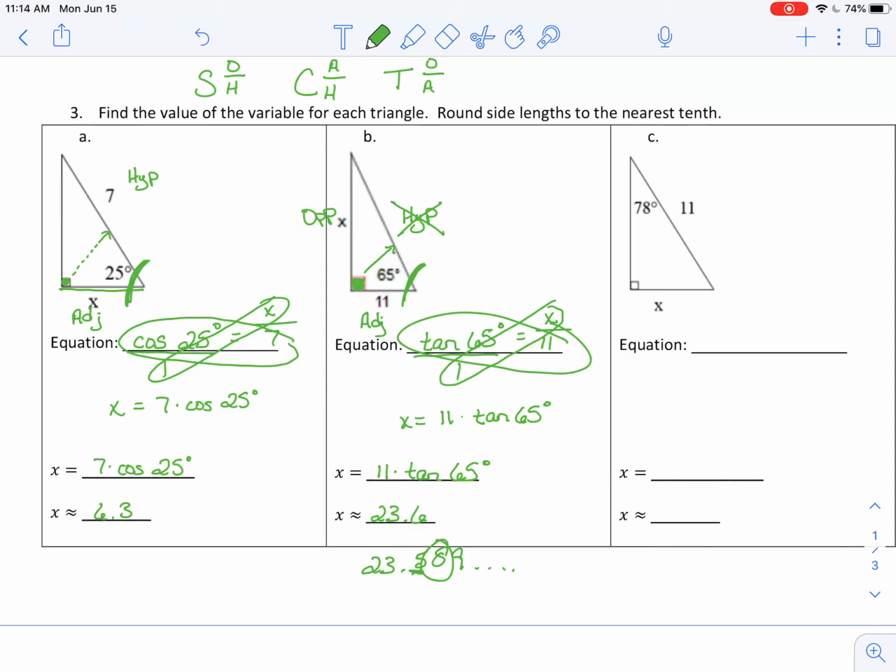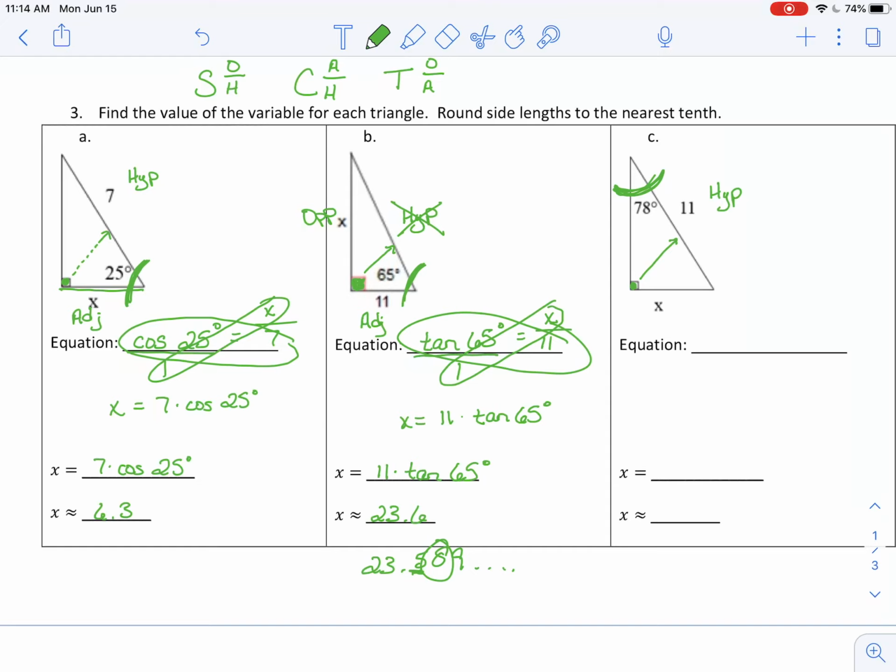So one more of this type. Start with labeling my picture. I always start with the hypotenuse because personally I feel like that's the easiest one to label. So 11 is the hypotenuse. Now I have to label the legs. The legs are always labeled from the acute angle. This time my acute angle is up here. It's the 78.